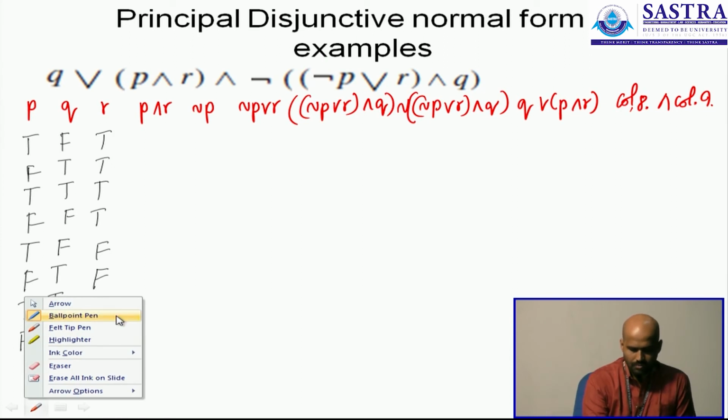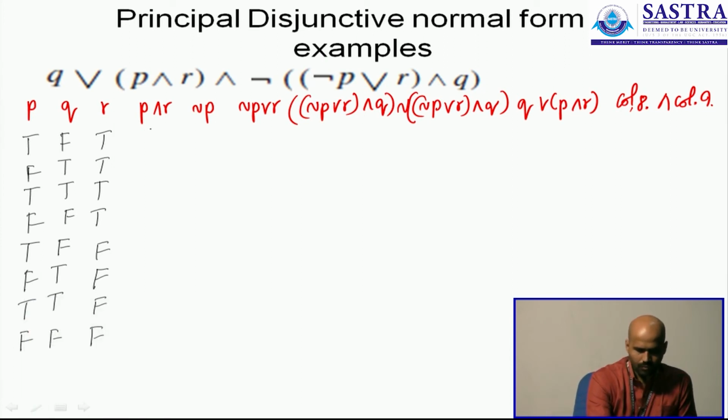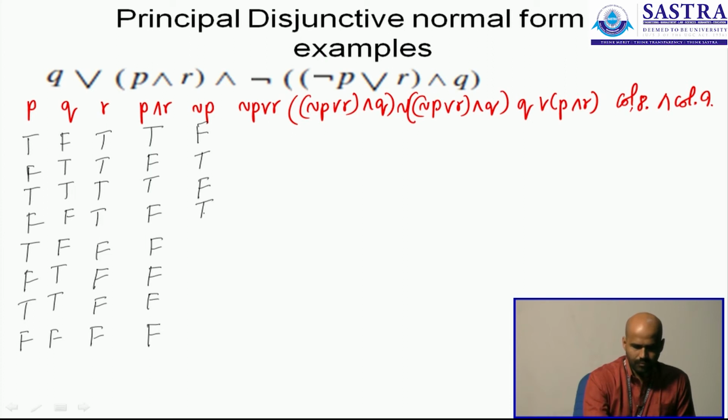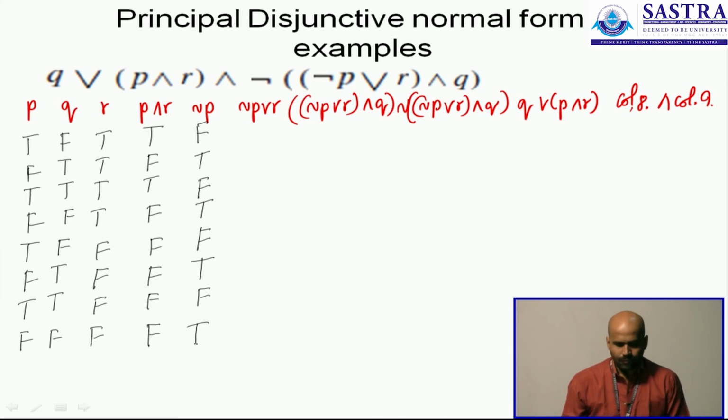Let's do the conjunction between columns 1 and 3 now. Two of them are true. Let's flip P. And let's do a disjunction between columns 3 and 5 now.